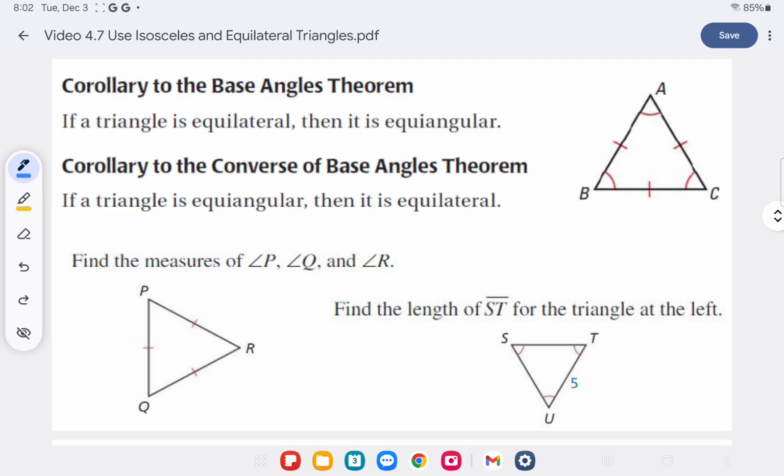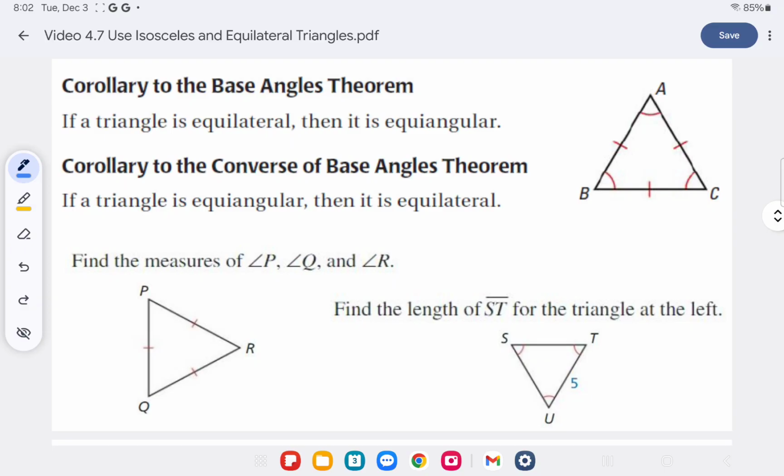Or another way of wording that is if the triangle is equilateral, as in all the sides are congruent, then it is equiangular, which means all the angles are congruent. And the converse of that is also true. If all the angles are congruent, then all the sides are congruent. If it's equiangular, then it's equilateral.